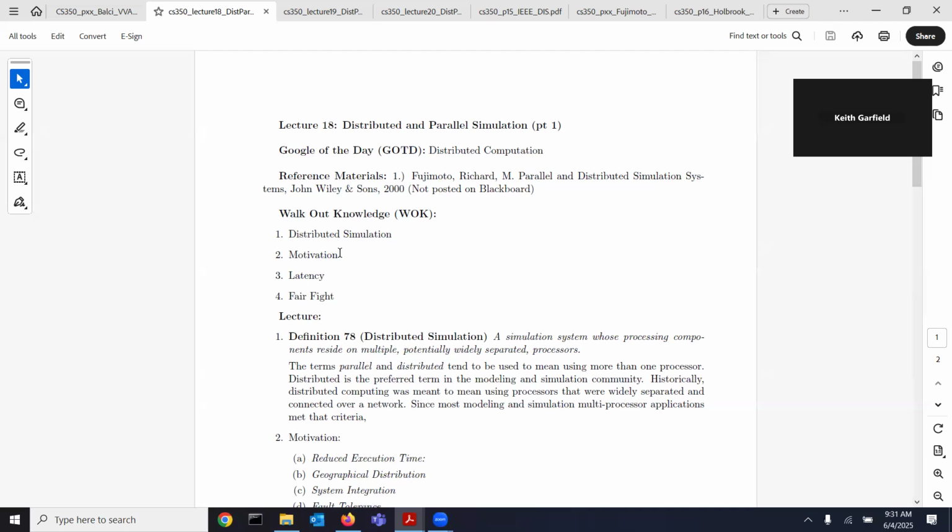However, if you're building a product like a training product that's going to be used by the military, that's inherently distributed. So I mentioned earlier in the semester, if you go to, I think it's Tulsa, Oklahoma, there's these massive buildings with big boxes inside, and you can go inside the box.